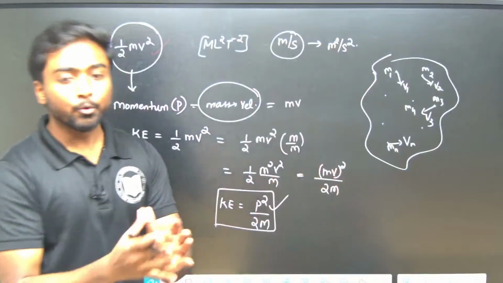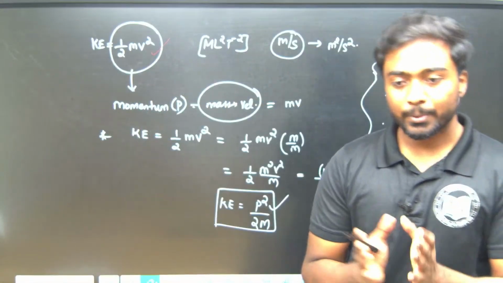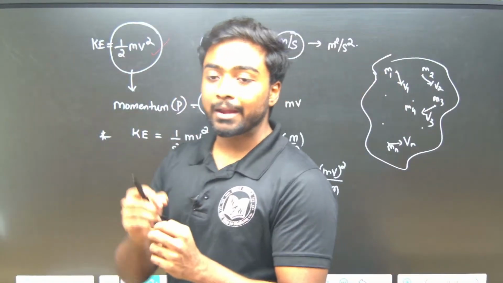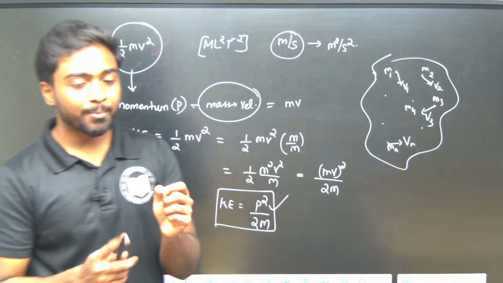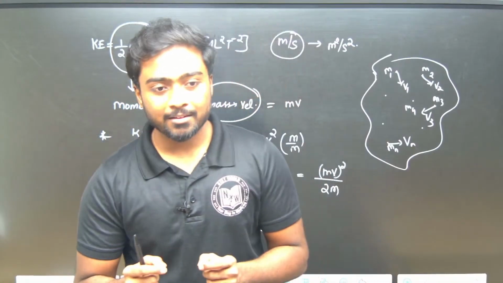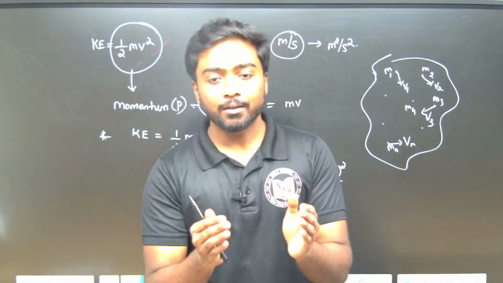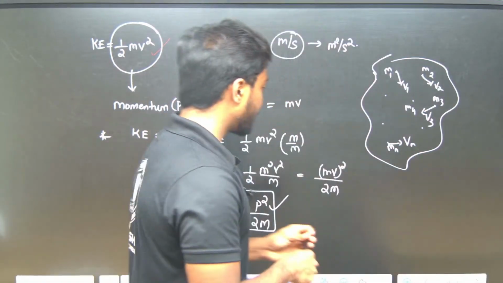When I club together, I'll get a kinetic energy of the system, right? A system with n number of particles means each particle has a different mass, and different masses will have different velocities. So when I club together, I'll have a common kinetic energy. Can I write it like this?